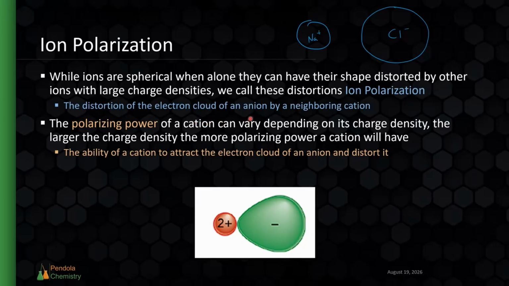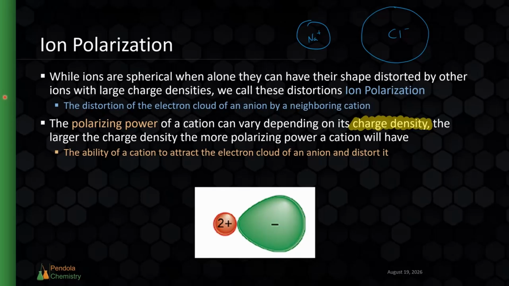Different cations have different polarizing powers, but again, it's all based on charge density. The polarizing power of a cation is going to depend on its charge density. The larger the charge density, meaning the stronger a magnet the cation is, the more polarizing power it has, and the more it will distort or warp the electron cloud on the anion.